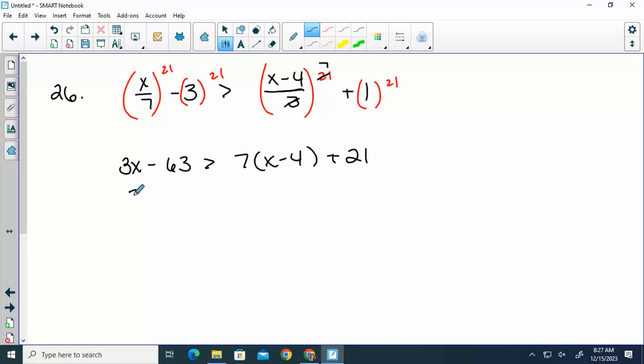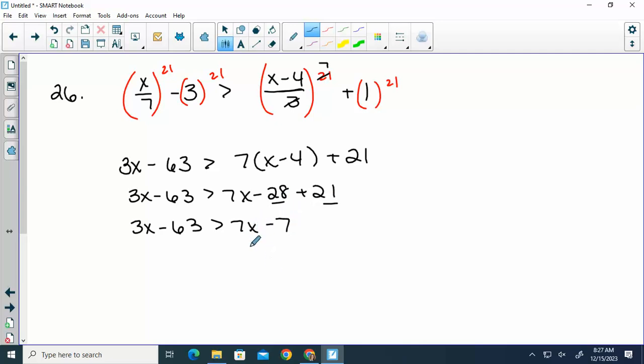So if we work this out, we have 63 greater than 7x minus 7. If I subtract over my 7x, add over my 63, when I divide by a negative, what happens?